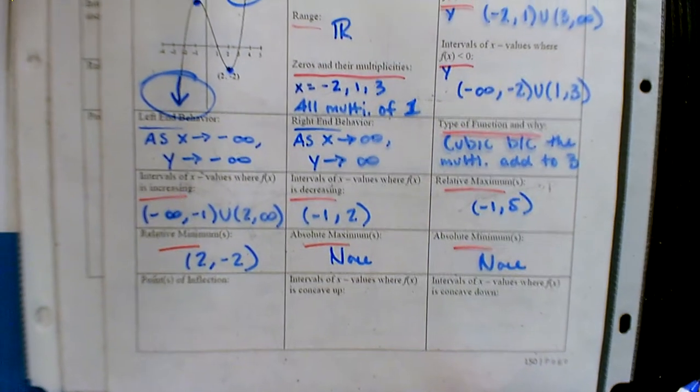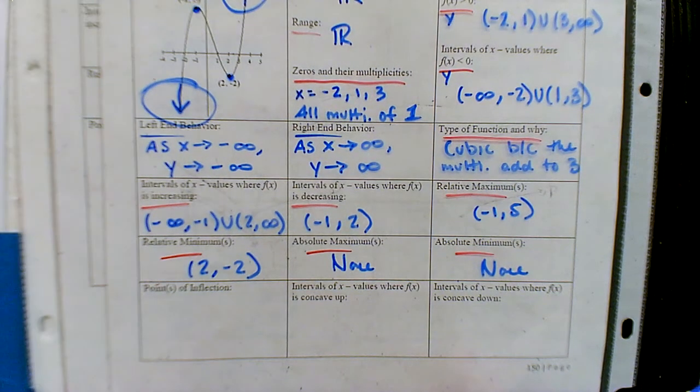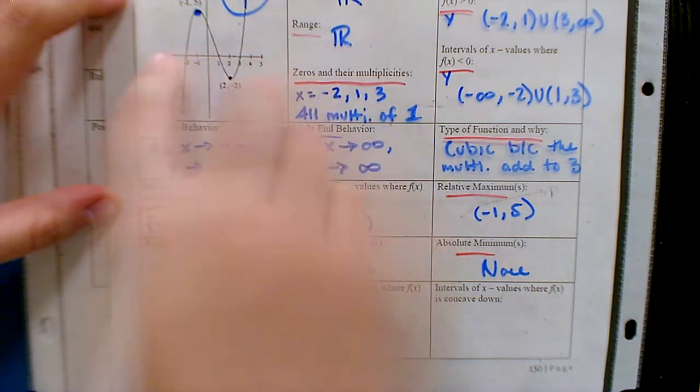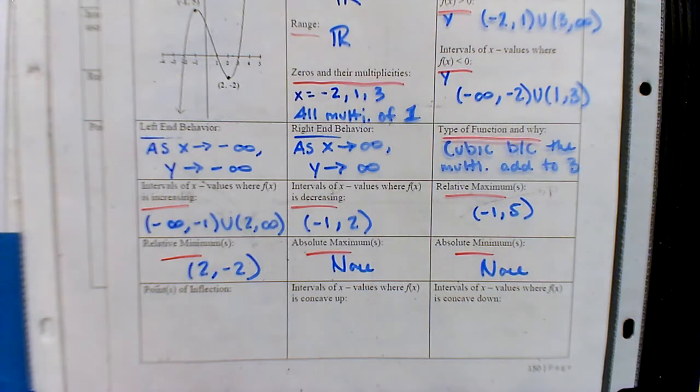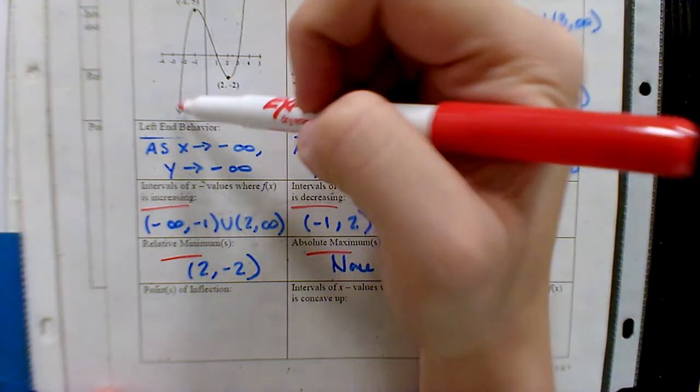All right, so we saved the best ones for last at the bottom. The new concepts for us, concavity and points of inflection. If you were to trace this graph from left to right, let's analyze the curvature.